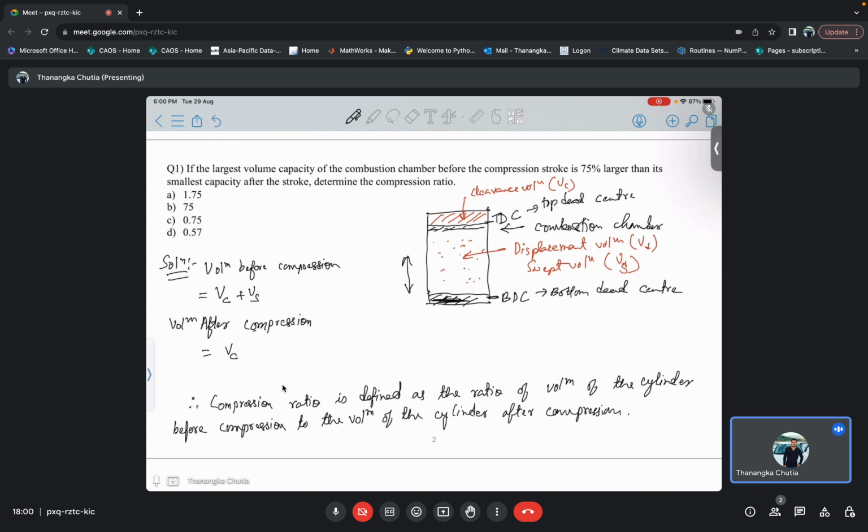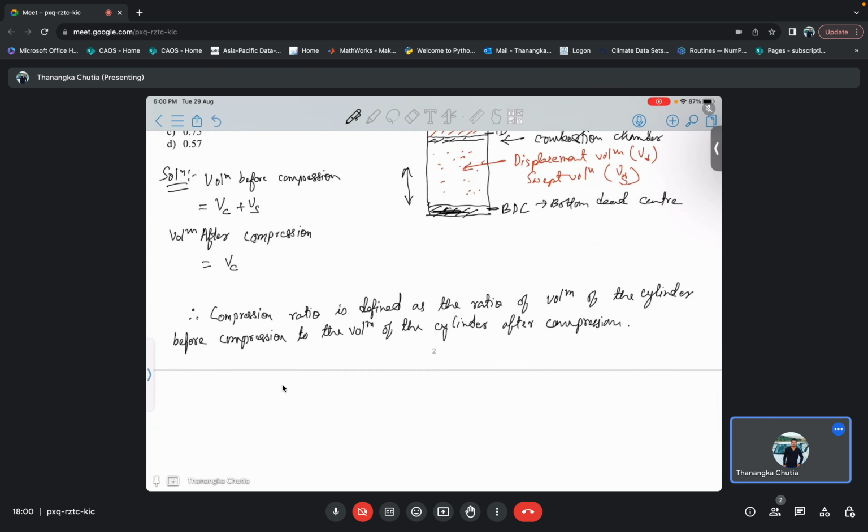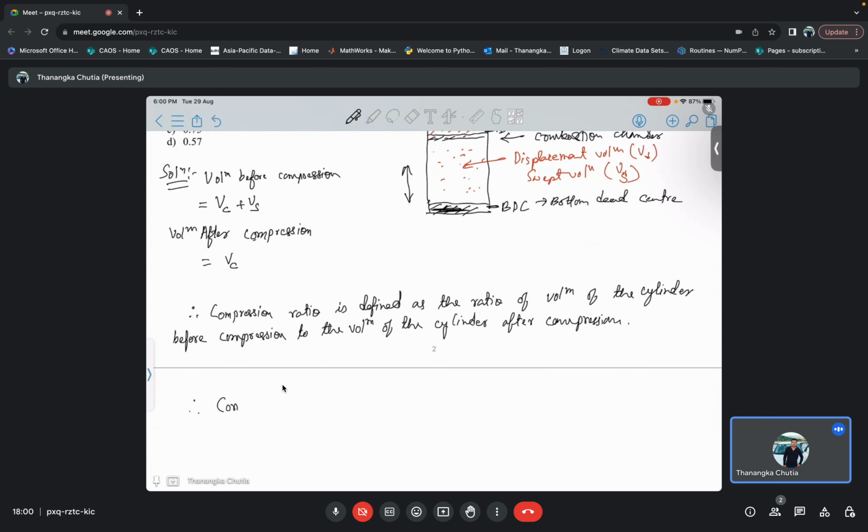Therefore compression ratio, CR, will be equal to the volume before compression divided by the volume after compression. The volume before compression is VC plus VS, and the volume after compression is VC.